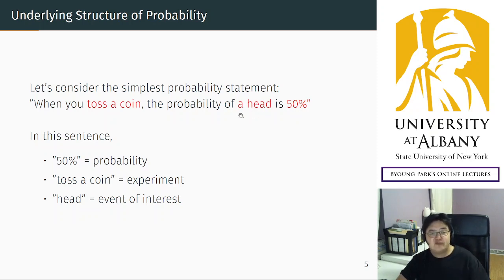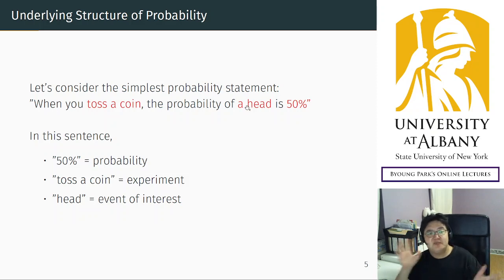You also have to define what you are interested in. You are interested in the probability of having a head. So it is the event of interest where the probability is attached. The probability is assigned to this event.